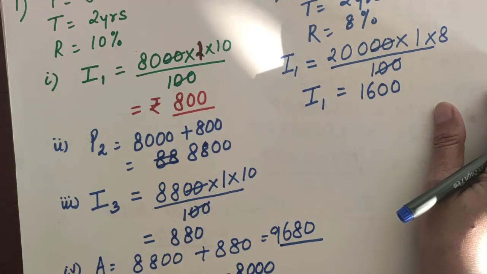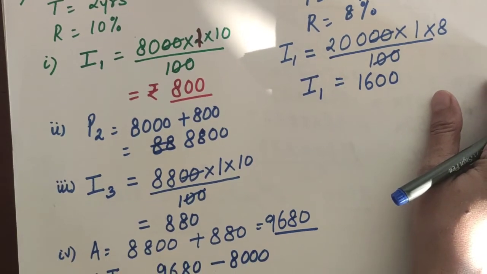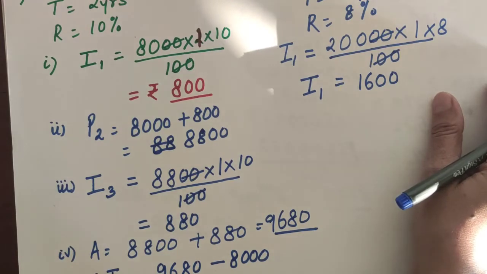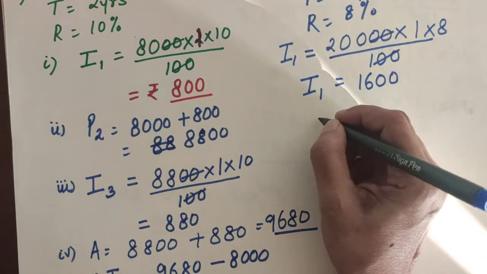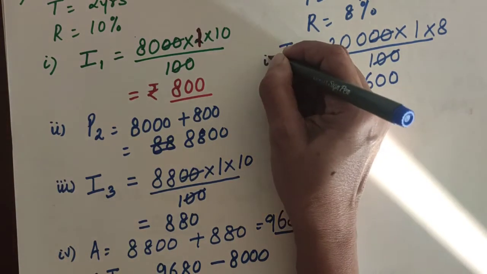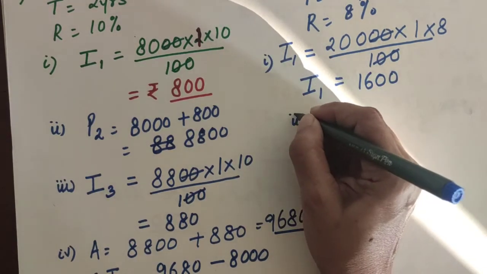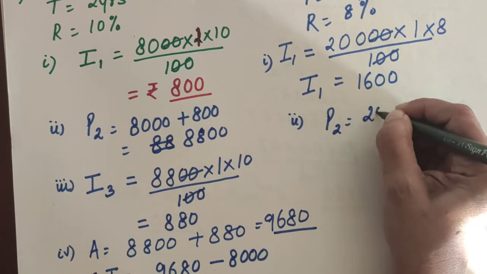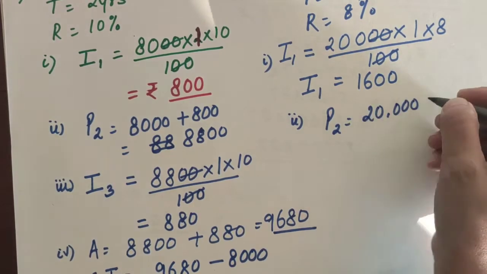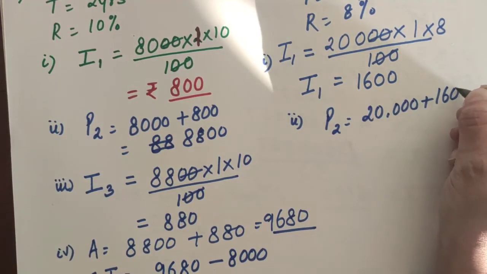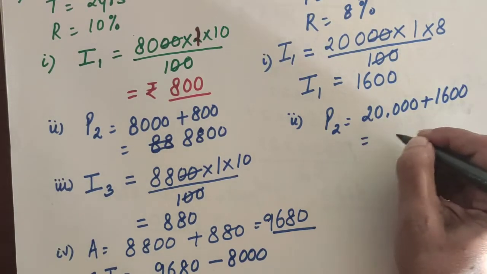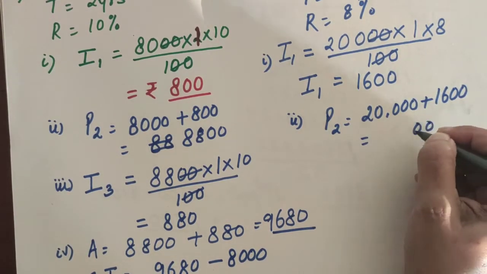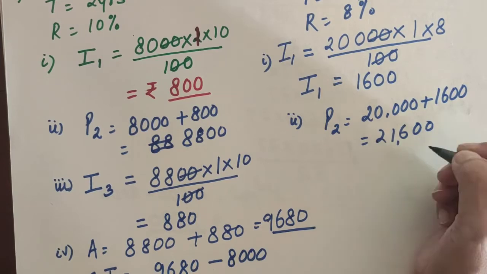Interest for the second year. I am doing it again so that you get practice of the same type of sum. For that we need the principal first for the second year. So the principal for the second year is 20,000 plus 1600, which gives you 21,600.